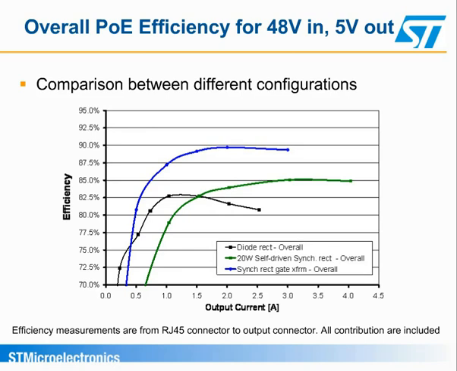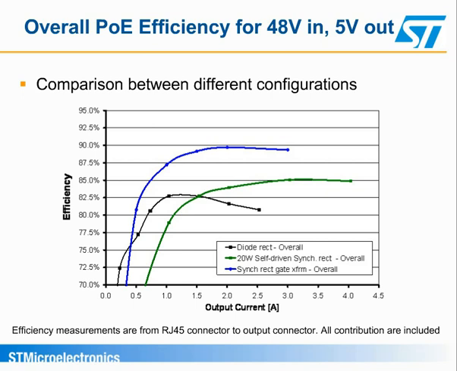Note that for high-efficiency PoE designs, the synchronous configuration employing the gate transformer provides the best result, reaching about 90% of overall efficiency, while the diode rectification is more indicated for designs where cost is the key decision parameter.